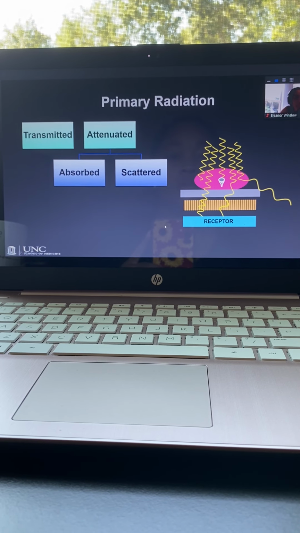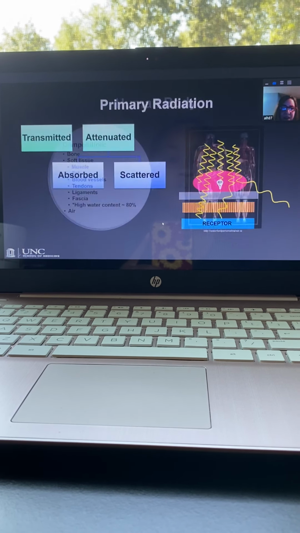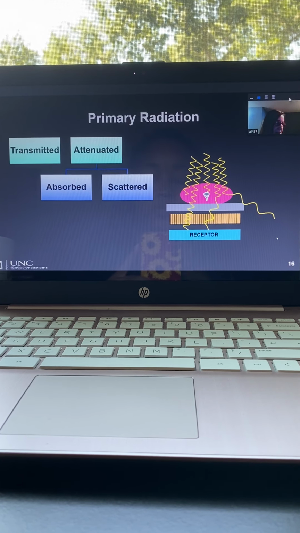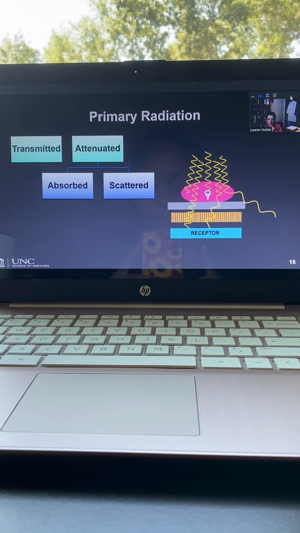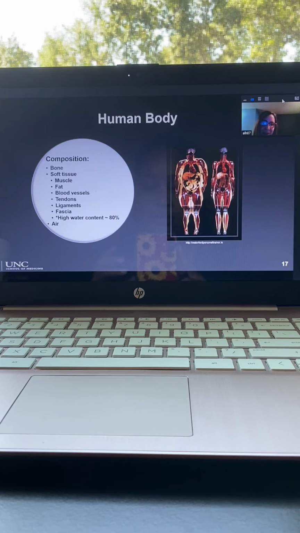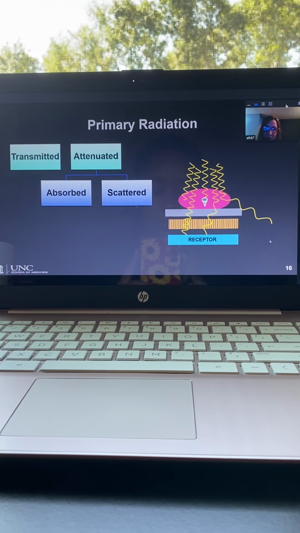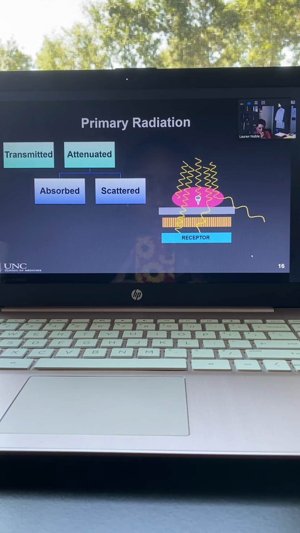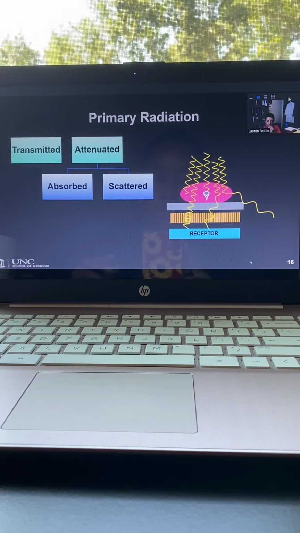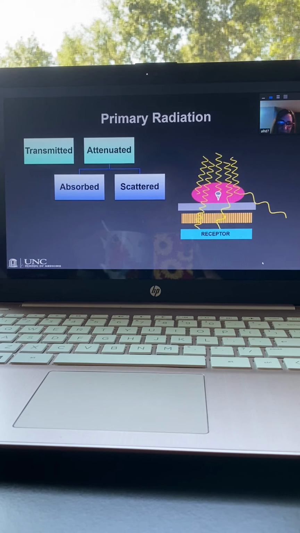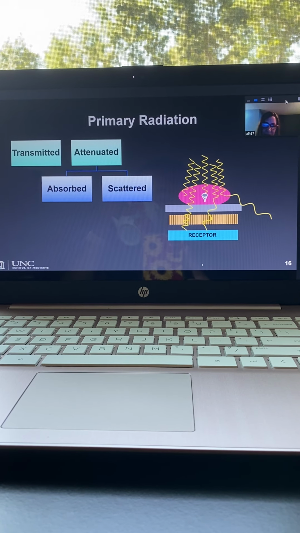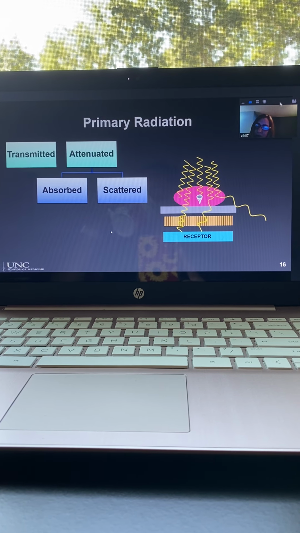Okay. Can I ask you a question about scatter, which I think may be a silly question? Yeah, sure. I'm just trying to put this all together in my head. And I remember the experiment we did in the lab with the hand on the wall against the window. So with the scatter radiation, can you only get the scatter radiation if it goes through the patient first or image receptor first?